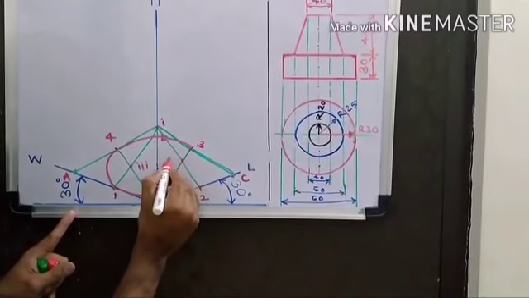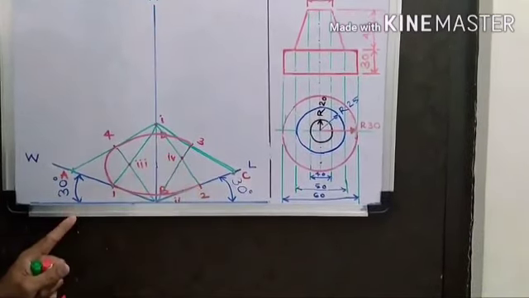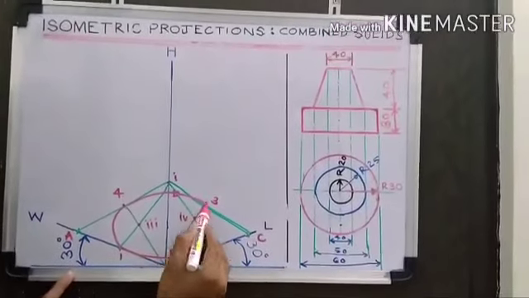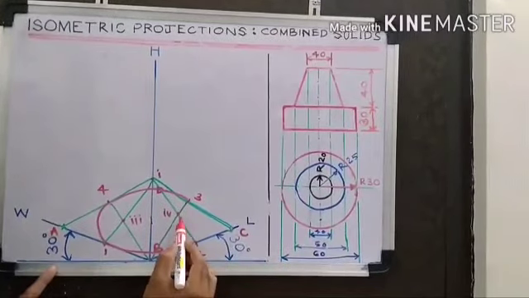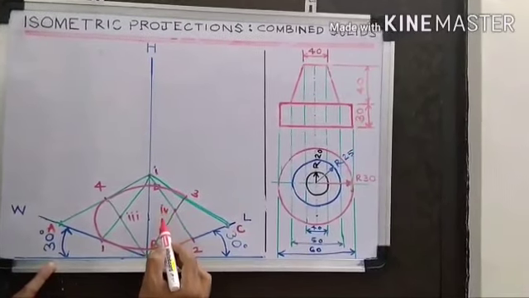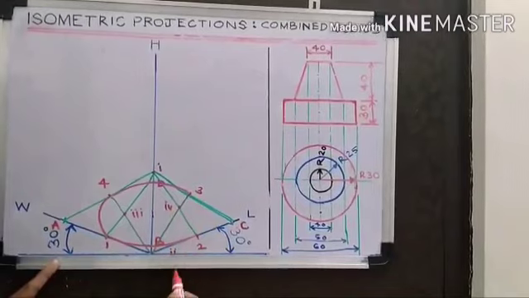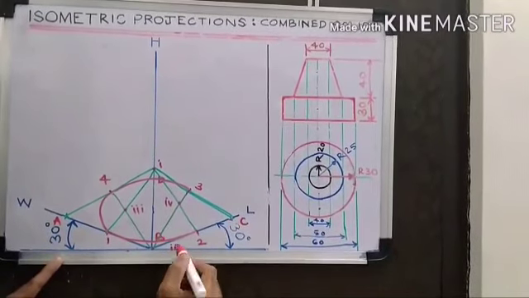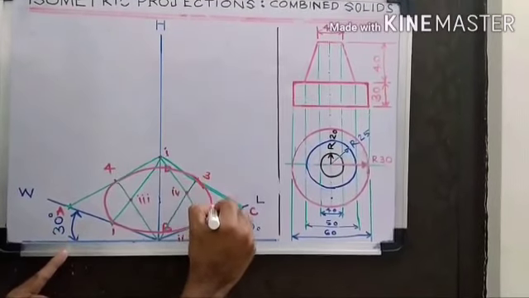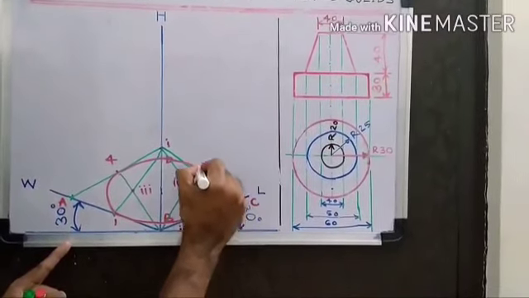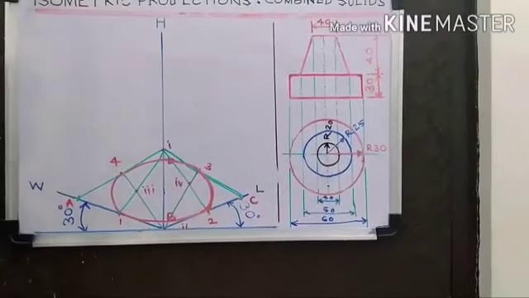Now this is the fourth center. 3 is going to be the radius, 4 is going to be the center. You have to draw an arc by using a compass between the points 3 and 2. You will get an ellipse.